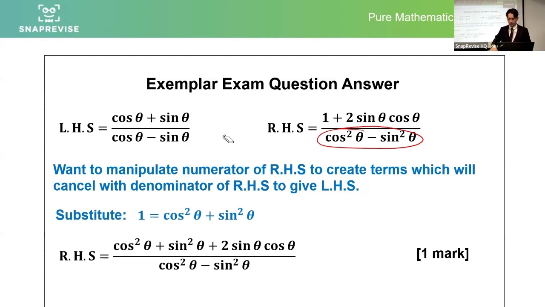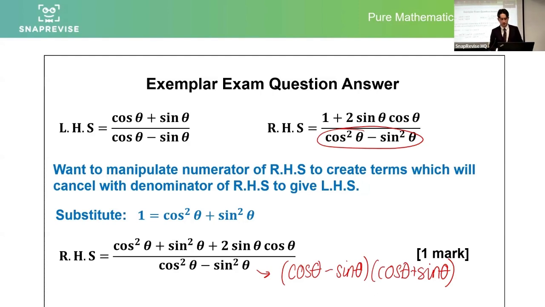But if we focus on the bottom and recognize that the bottom can be factorized as cos theta minus sine theta times cos theta plus sine theta, and use the answer we're working towards to see what's disappeared, we can see that a cos theta plus sine theta has cancelled, which may well be a factor of the top. Now the top has a few identities in it, because 1 can be thought of as sine squared plus cos squared. And you might then recognize that this is potentially a double bracket.